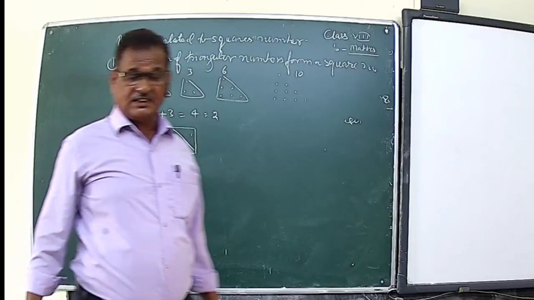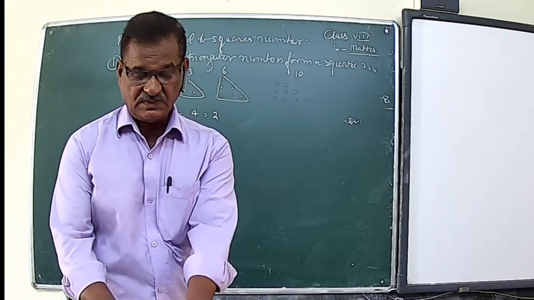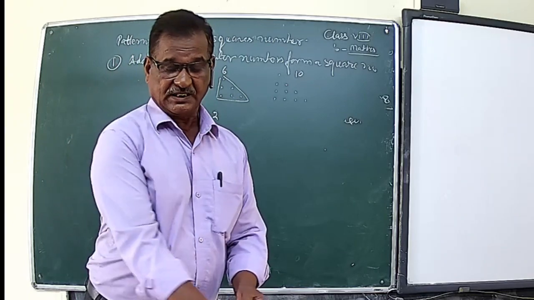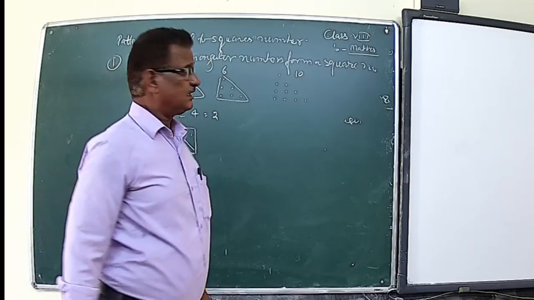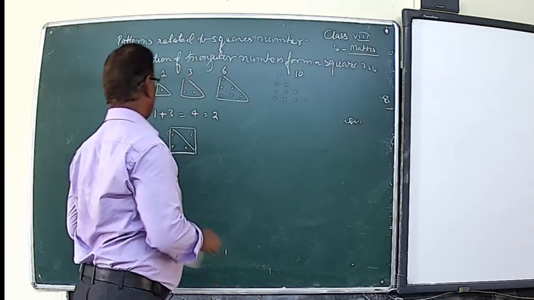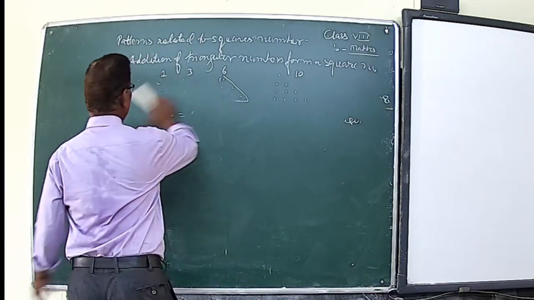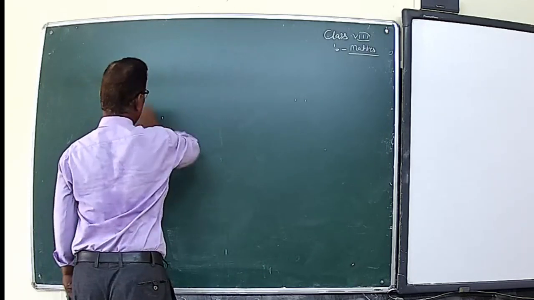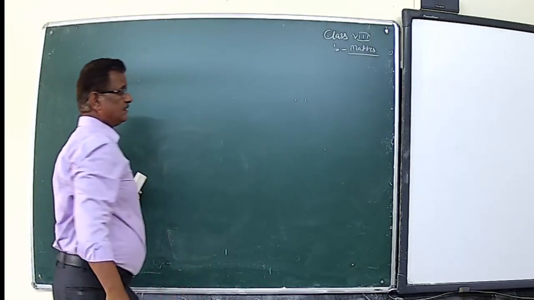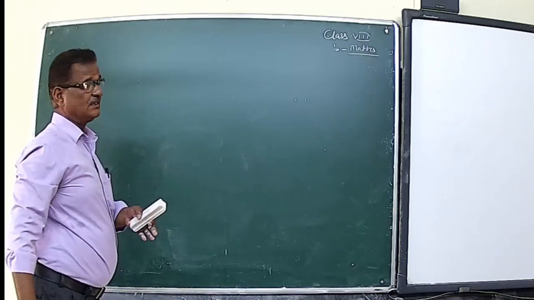The second property is related to the pattern: the non-square numbers between two consecutive square numbers. If two consecutive square numbers are given, then how many numbers lie between them?